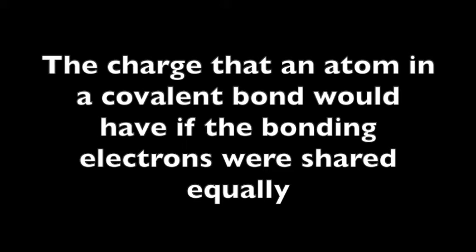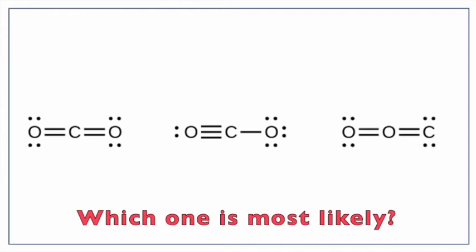Now, we know they aren't really shared equally, especially when bonds are polar, but we will pretend that they are. Since this is all related to hypothetical stuff, it's not so important to remember what these things are, but you have to know how to use formal charge. We use formal charges to determine which of several possible structures is the most likely.